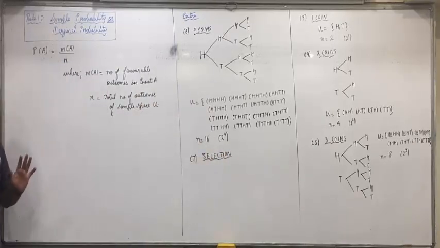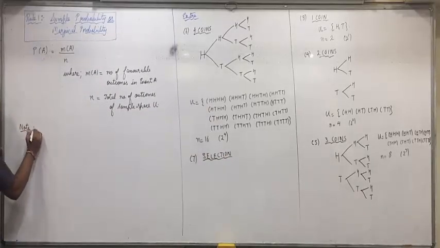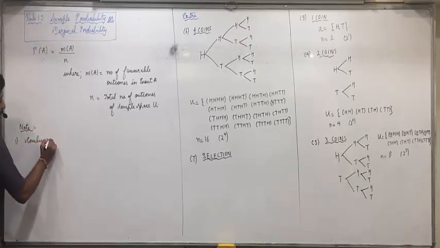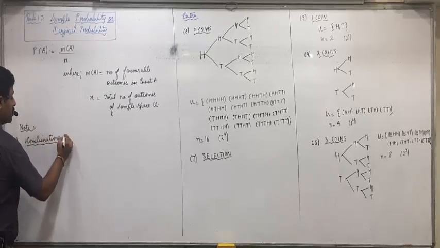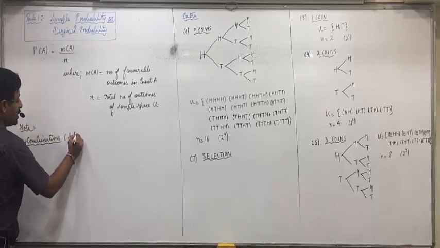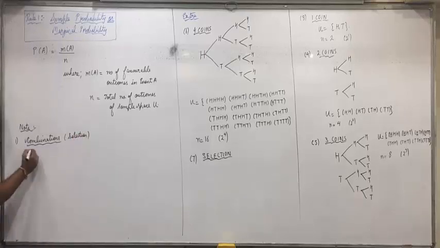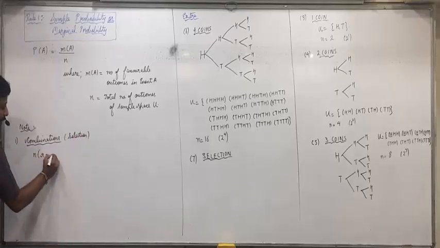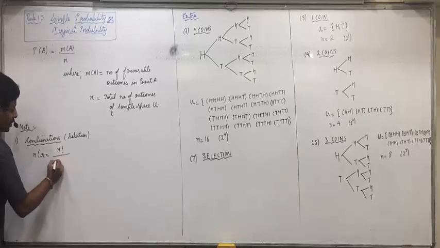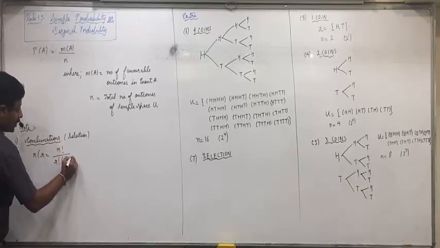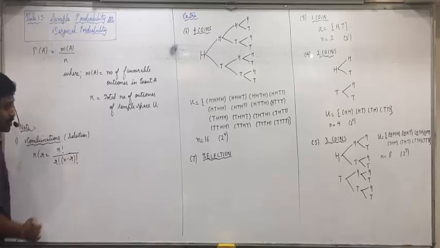It will be a wastage of time. We will be applying the formula of combinations which we studied last year in the chapter permutations and combinations. When will we do this? Whenever there is a question of selection. The formula to recollect is nCr equals n factorial upon r factorial into n minus r factorial.